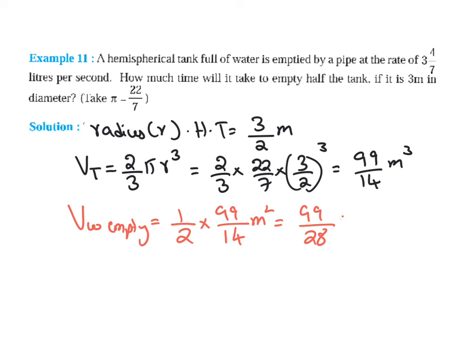Change it to liters, times 1000, which is 99,000/28 liters.